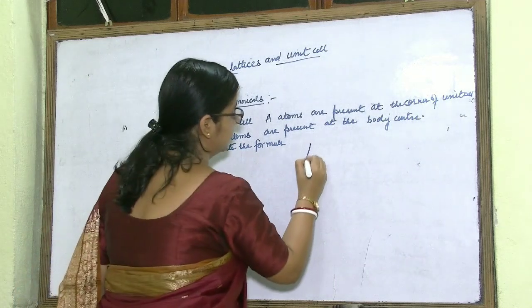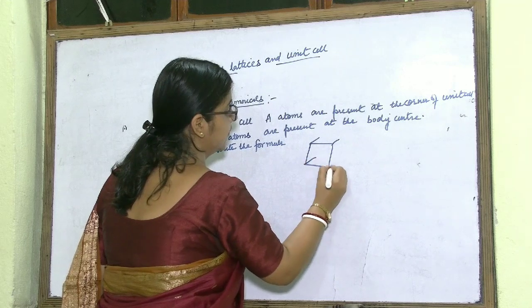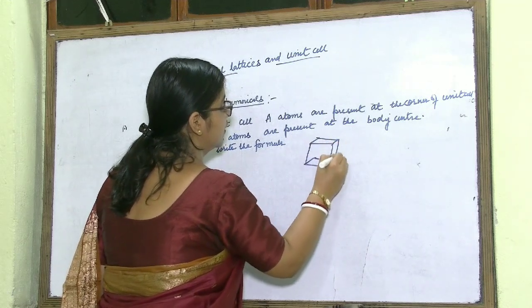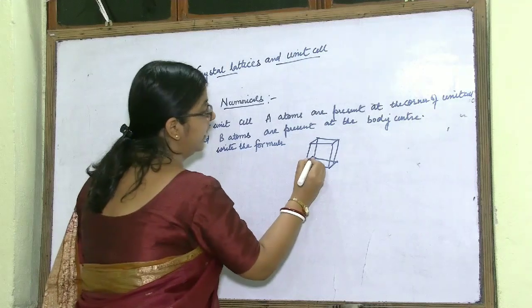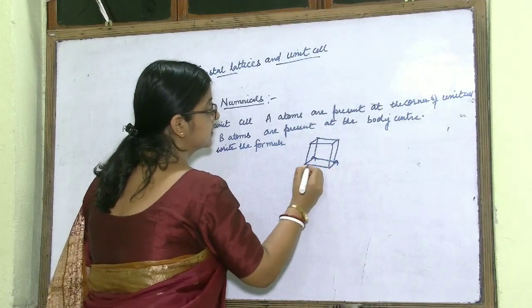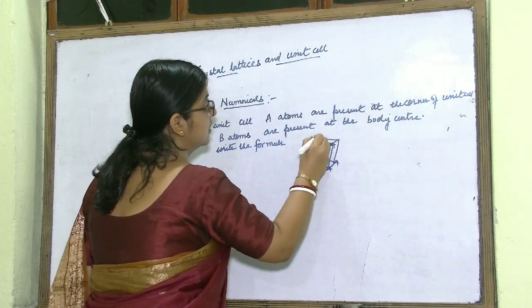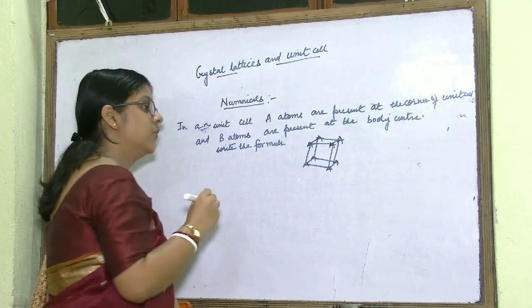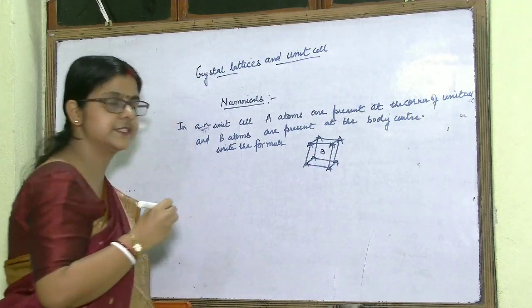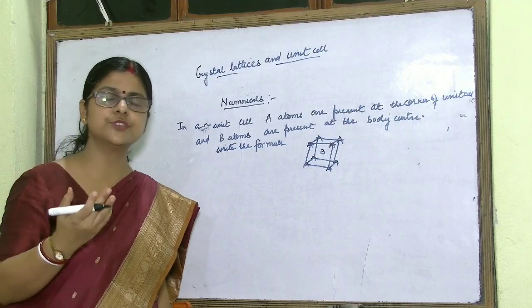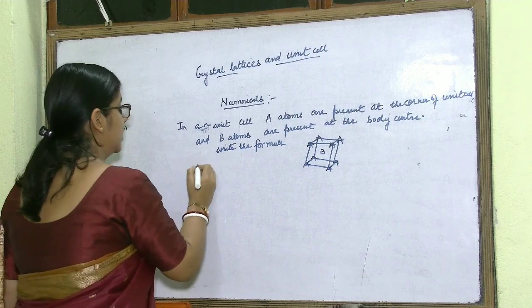Now you see, in a unit cell, where are A atoms present? At 8 corners. And where are B atoms present? B atom is present at the body center.